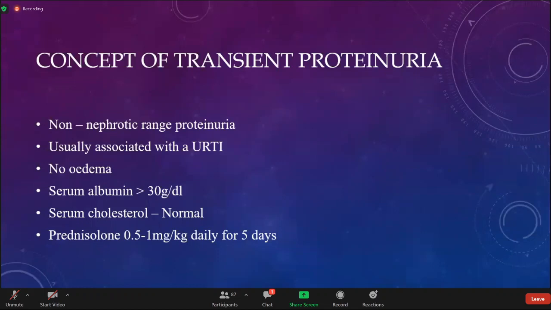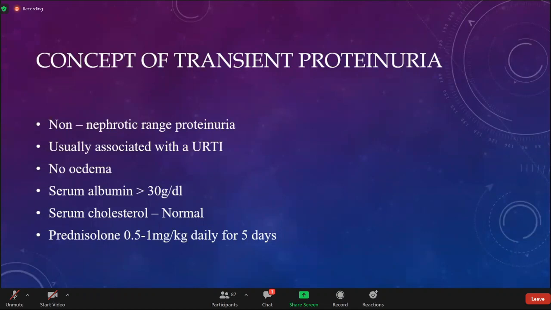Otherwise, if it's not settling and it is continuing and you have low albumin, then you need to treat it as a relapse. If there is edema, then it's a relapse, right? Now, with transient proteinuria, usually there is no edema and serum albumin is more than 30.